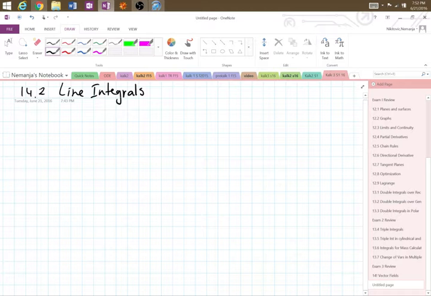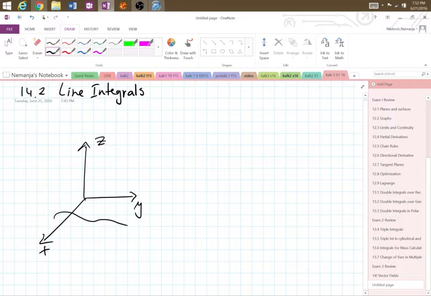So technically, if you have some kind of a space x, y, z, and you have some kind of curve here, we call that curve C. This curtain, which is wavy, I'm not sure how to draw this perfectly, but this over here is going to be the area of the curtain.